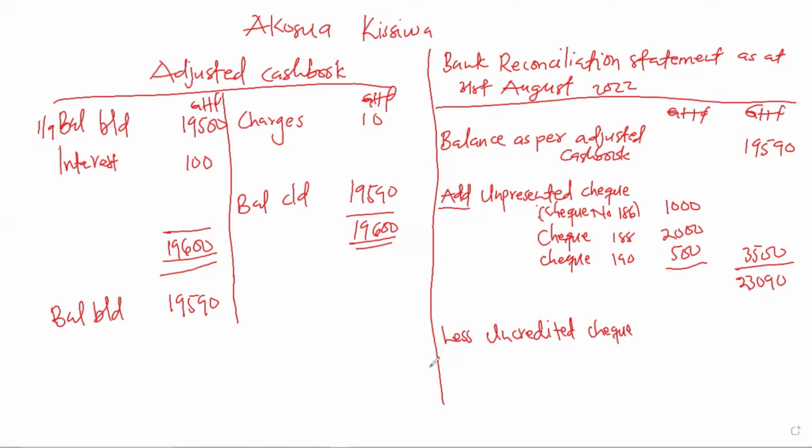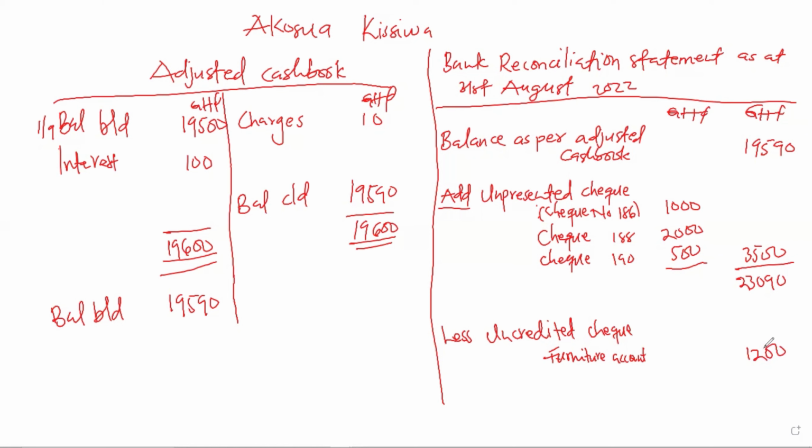That is the furniture account, which is 1,200.